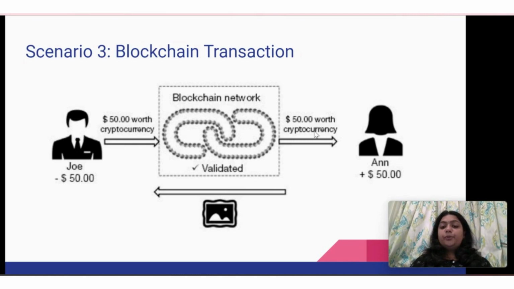And the output: if the two-thirds majority of the nodes validate the transaction and confirm that it's authentic, at that point of time the transaction is passed, and then the amount is delivered to Anne. Once Anne receives the amount, she will send the picture back to Joe. So, this is a blockchain transaction.